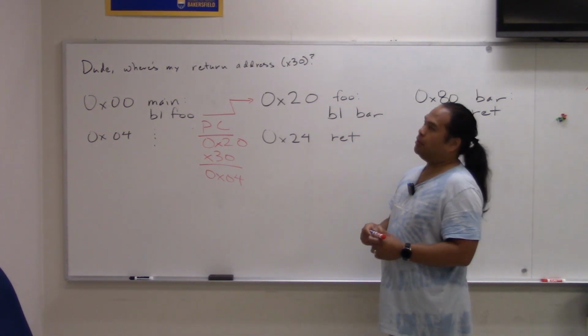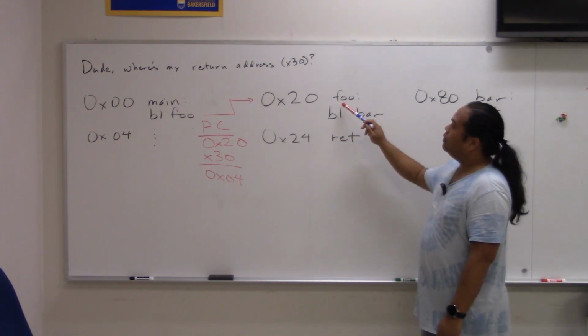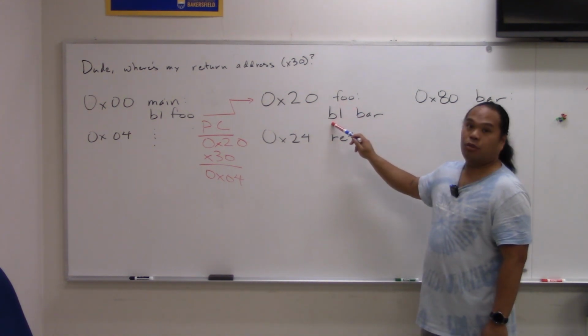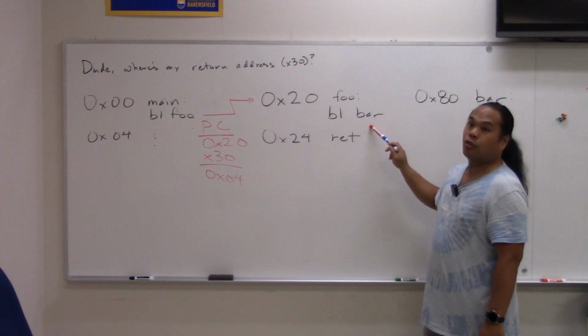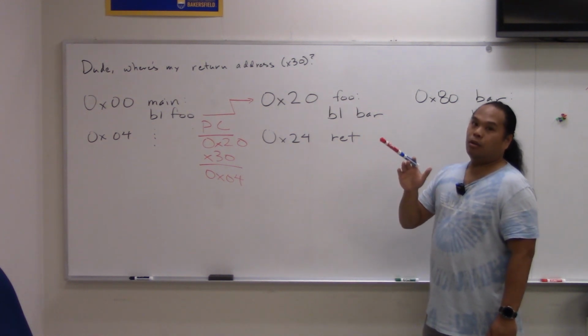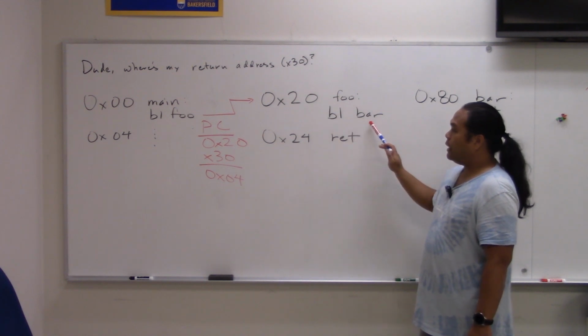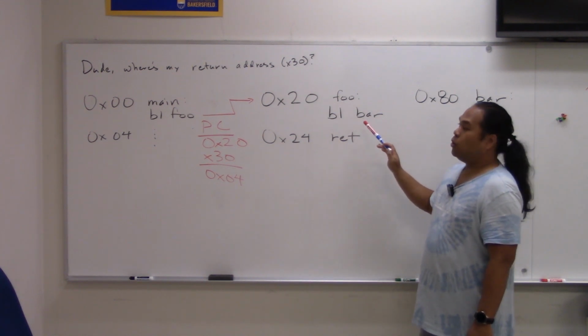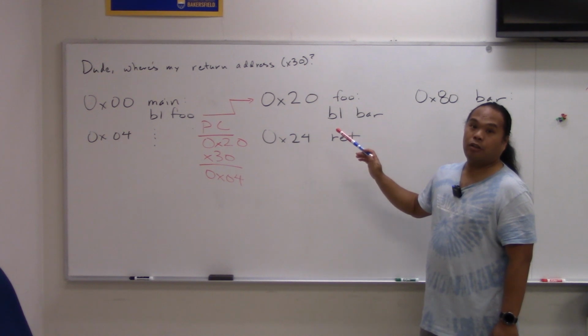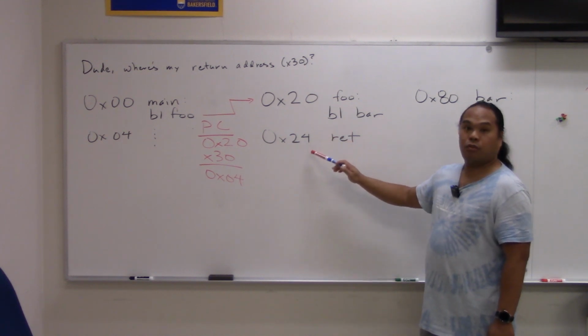But what happens? If you look over here, foo executes BL bar. What does that mean? So the branch and link will set the current PC to that target, and it will overwrite the contents of X30 with PC plus 4.